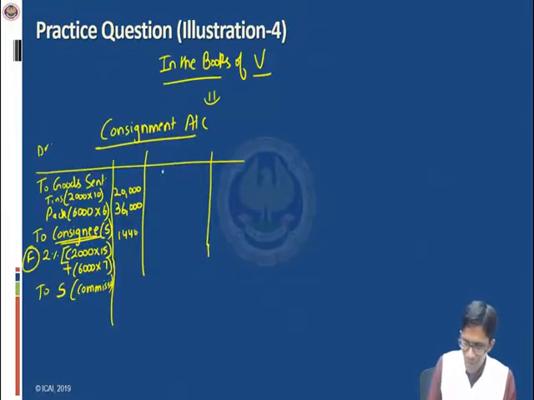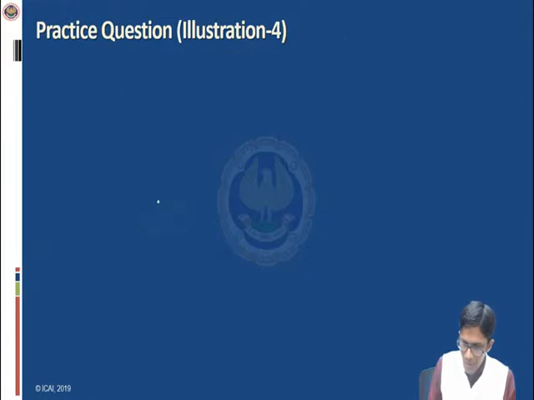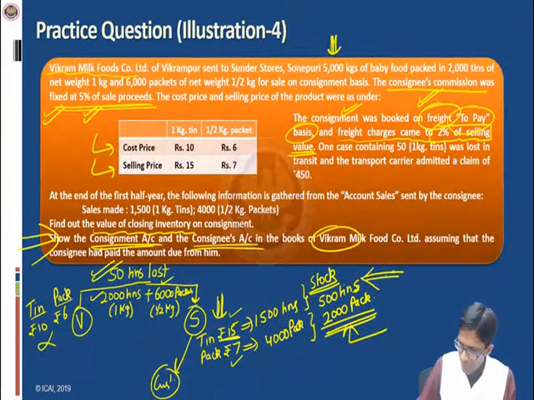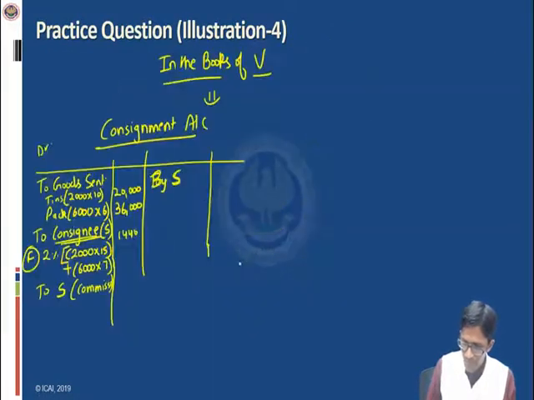So for that, first of all, let me pass the entry for sales. For sales, the entry will be by S. That means the consignee's account will be debited, and the sales made by him are, he has sold 1500 tins and 4000 packets. So 1500 tins were sold at the rate of ₹15 each, and 4000 packets were sold at the rate of ₹7 each.